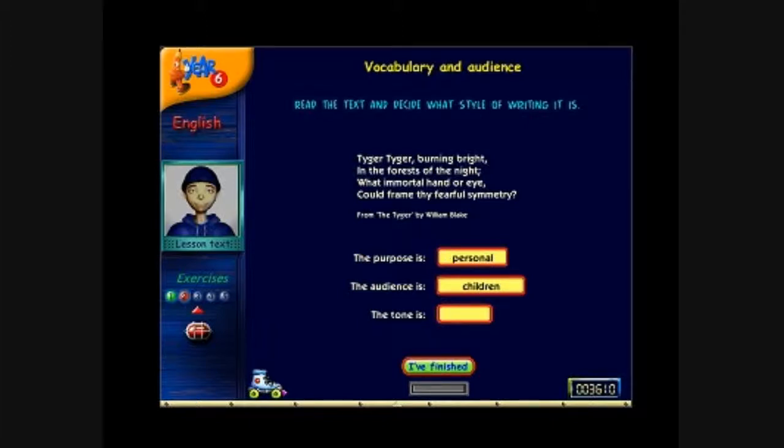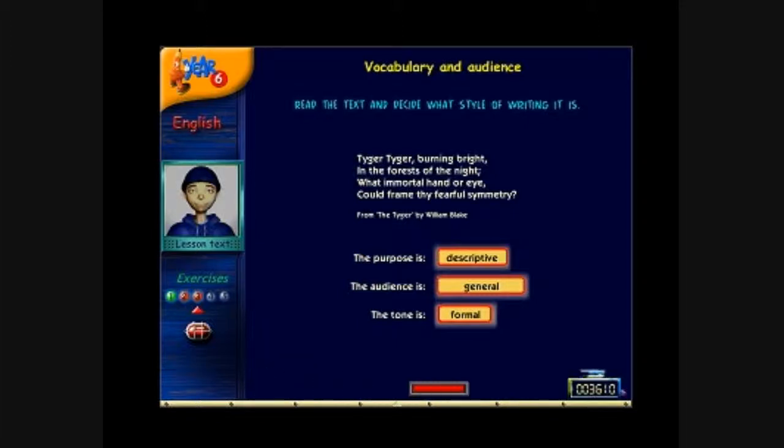Fuck knows. Is it factual, personal, narrative? I guess a narrative. And informal. Oh, completely wrong. That's not for children. You take the piss. Those are for fucking children. Tiger, burning bright. You can't even spell fucking tiger right. This of course is for fucking children. It's for a fucking nursery rhyme, you cunt. How am I wrong? Descriptive general form.